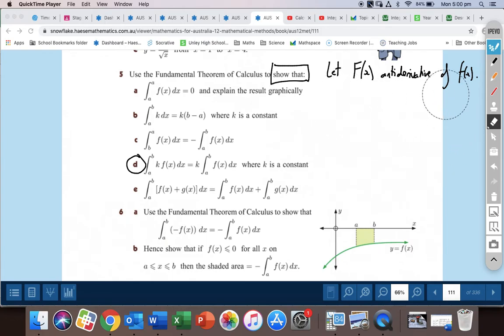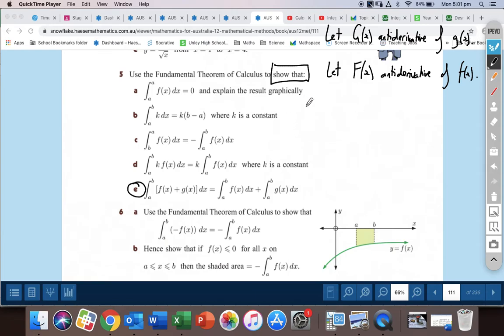Now, in this one, I'll be smart this time, and I won't rub out the statement that I keep writing for every question. The only thing is that the next one has an f of x and a g of x, so let's also let capital G of x be the antiderivative of g of x. Okay, so let's go.